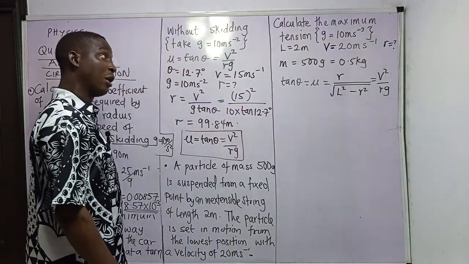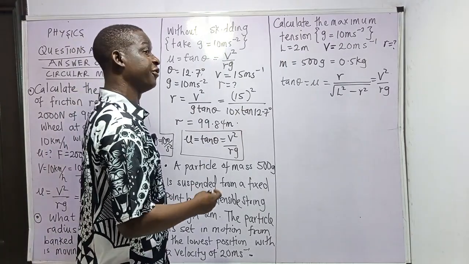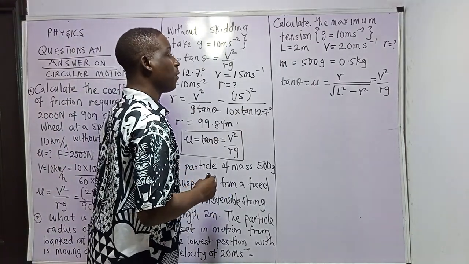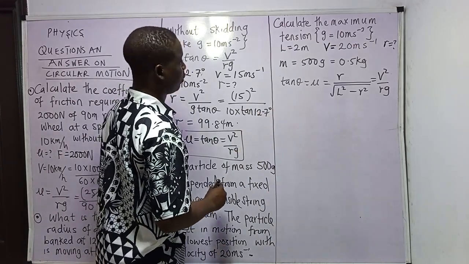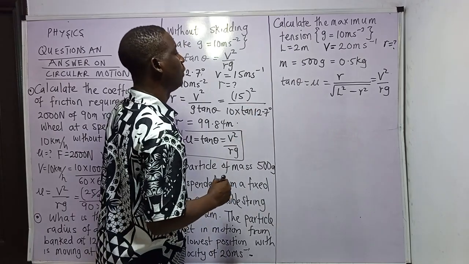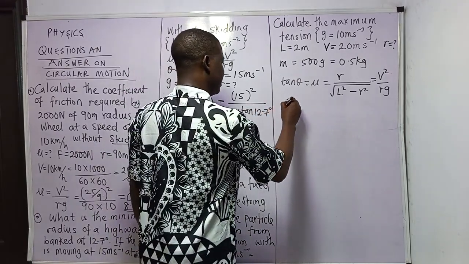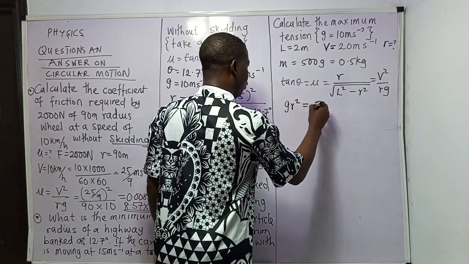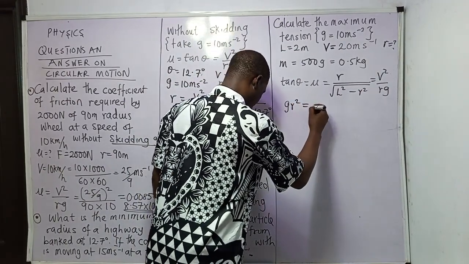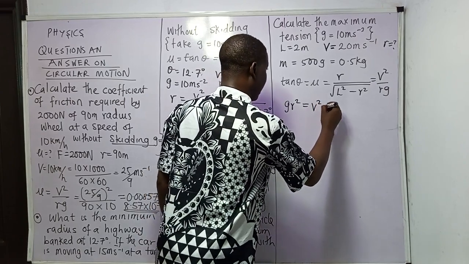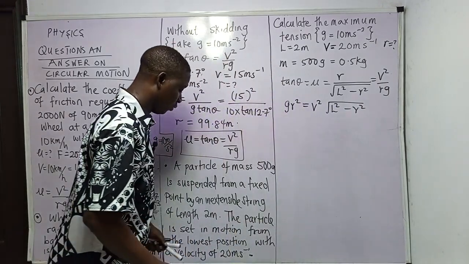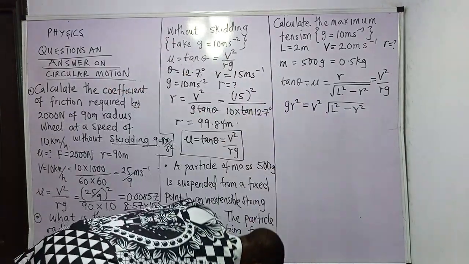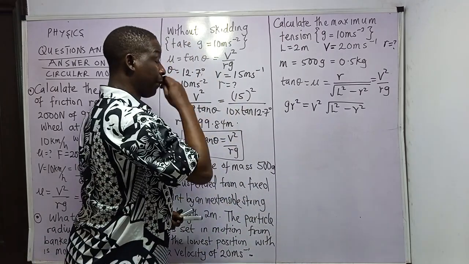Those of you that watch my video, go and watch the previous video, under the second part of circular motion, where I was discussing banking, vertical circle and horizontal circle. I gave the formula: GR square equals, if you cross multiply, V square times square root of L square minus R square. This is what we want to apply now.